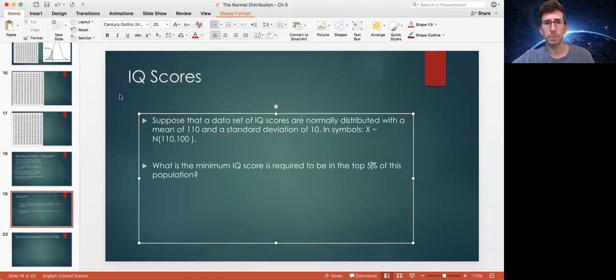We're sticking with our IQ score example, where IQ scores are normally distributed with a mean of 110 and a standard deviation of 10. And we want to know what the minimum IQ score is required to be in the top 5% of this population.